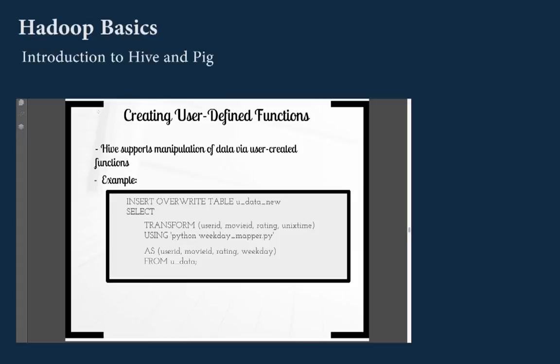Every row would pass through that Python script, and what it gives us is whether this day was a weekday or weekend. So we are free to write our own code or UDFs. The most common UDFs you would find are in Python, but you are free to write UDFs in Java also. So you can basically code your UDFs and dump the data into HDFS with some modification that you want. In this particular case, we are pushing the data along with an additional field, weekday or weekend.